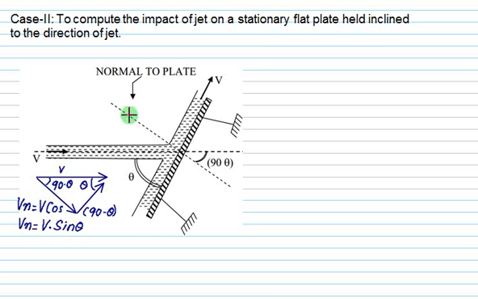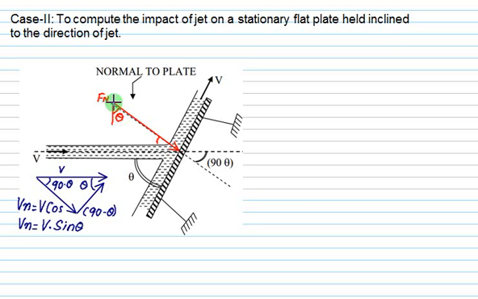Now similarly, we will show this normal force. If this is the normal force Fn, then what is this angle? Is it 90 minus theta? If it is 90 minus theta, then this angle will be equal to theta. Correct?